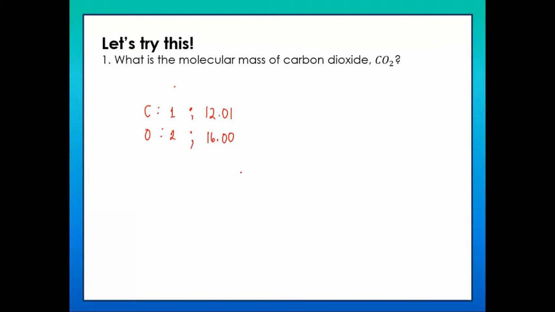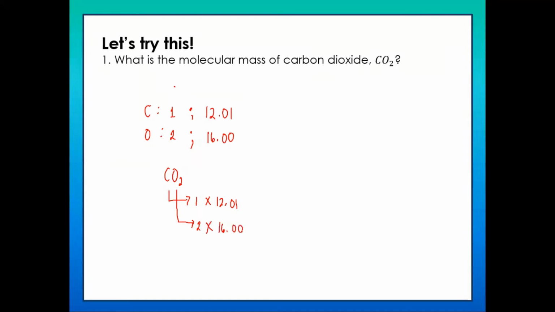Now, we're done with determining the number of atoms of the elements. We're good with finding the atomic masses of each element in the compound. So we have to multiply the mass by the number of atoms. For carbon, we have 1 times 12.01, and for oxygen, we have 2 times 16.